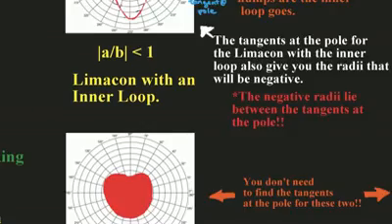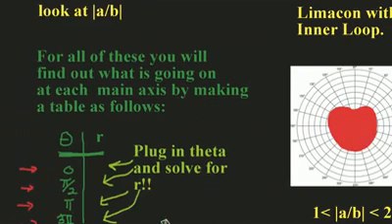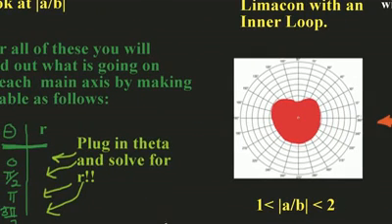These bottom two, you don't need to set equal to 0 because it never touches the pole. It never goes back to the 0, 0 or any theta 0. All right? You do your table for 0, pi over 2, pi, 3 pi over 2, and you know because a over b is between 1 and 2, then you are able to draw this dimpled limacon.